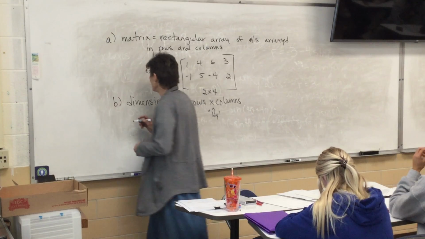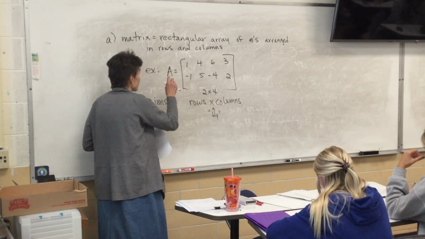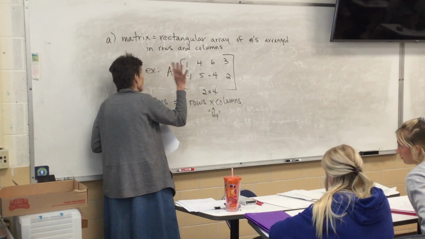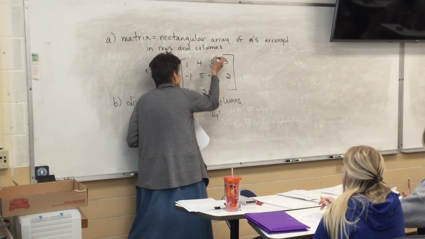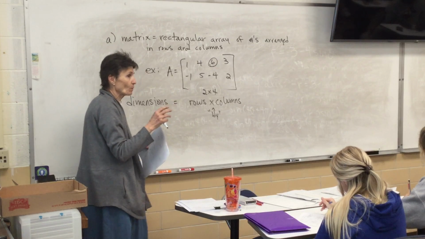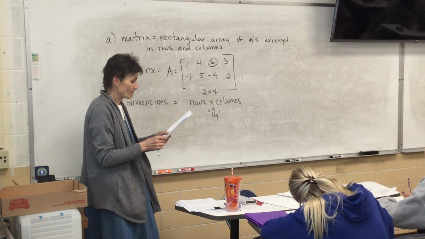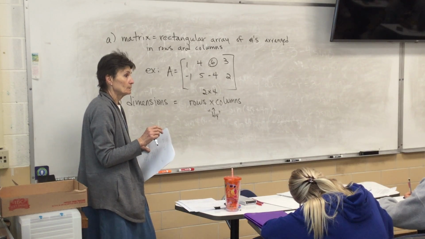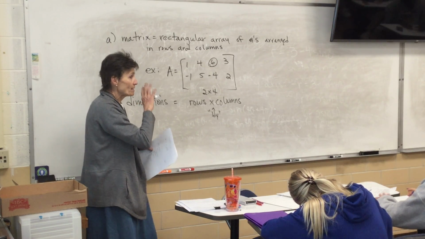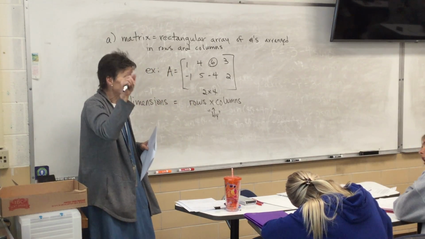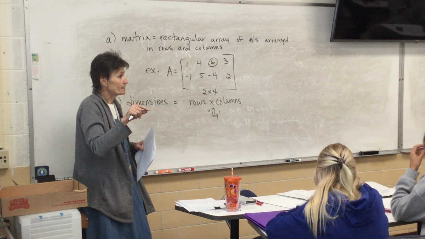Entries or elements are the numbers inside the matrix. So for example, this is an entry or an element of matrix A. So a matrix is a rectangular array of numbers. Those numbers are called entries or elements.